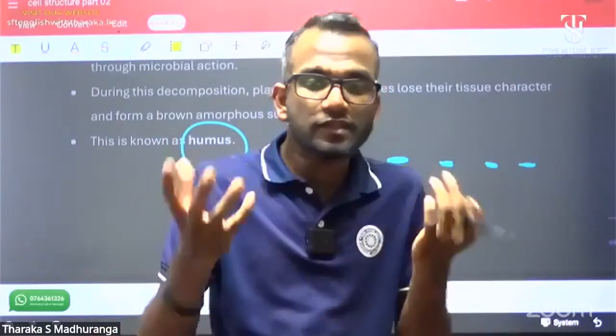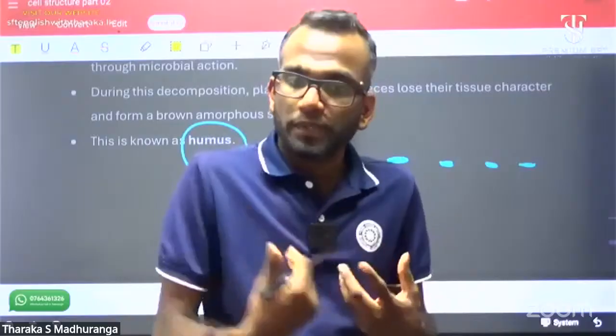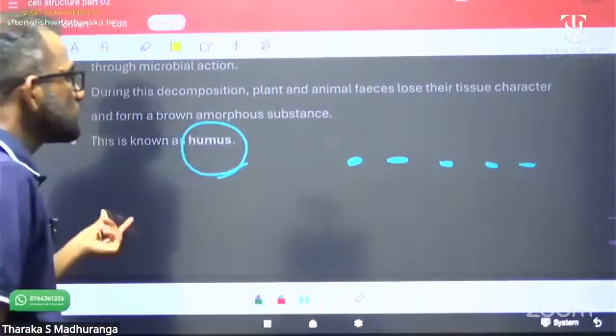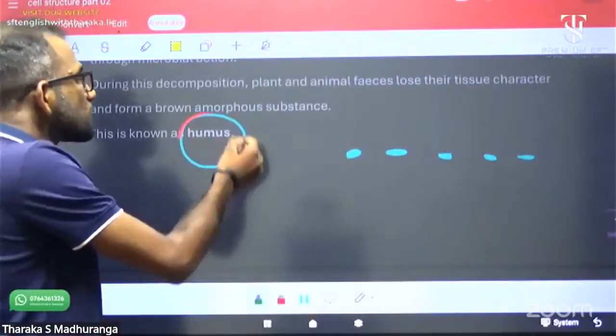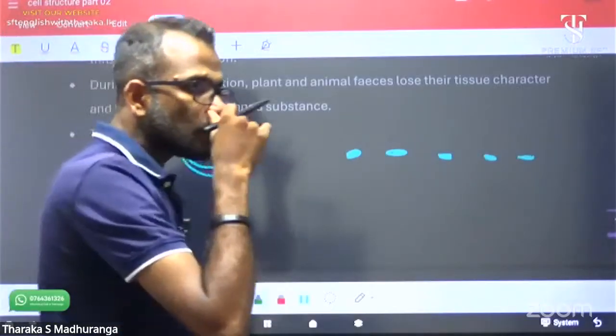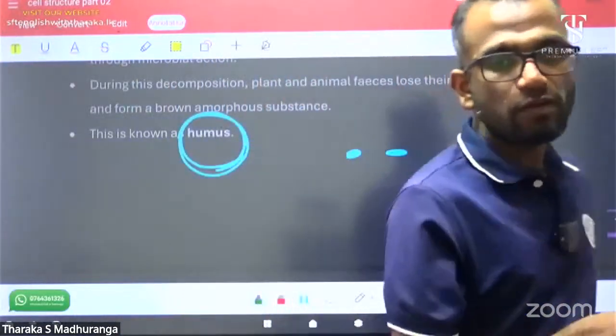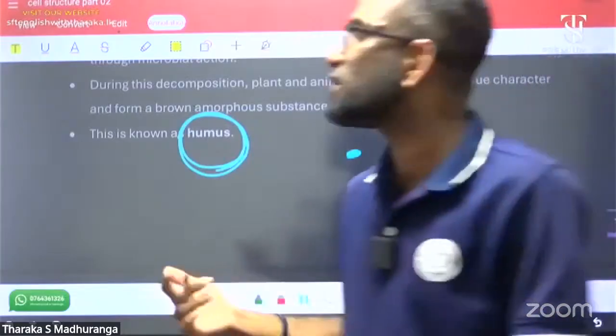Then the soil structure will be developed, right? There are a lot of applications of humus. To supply humus, organic fertilizers, meaning natural compost, are very important to increase the humus level of the soil.